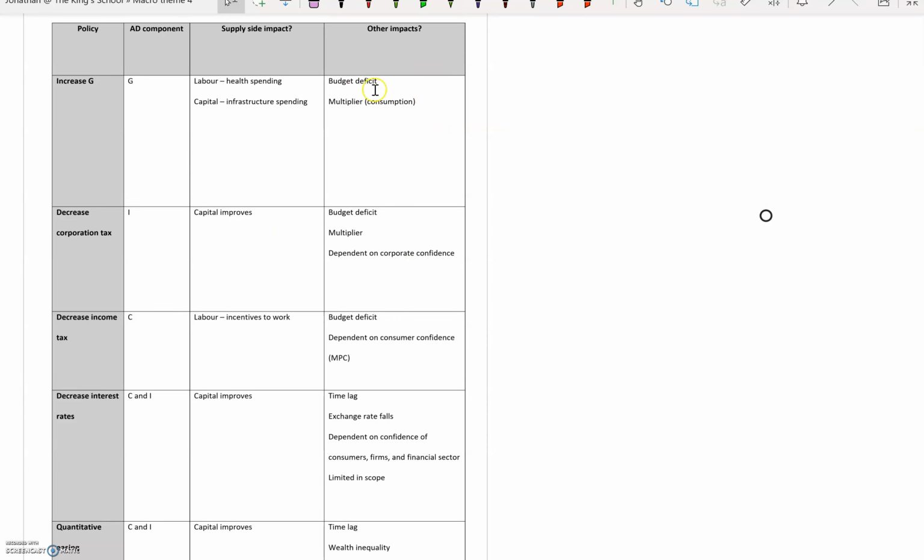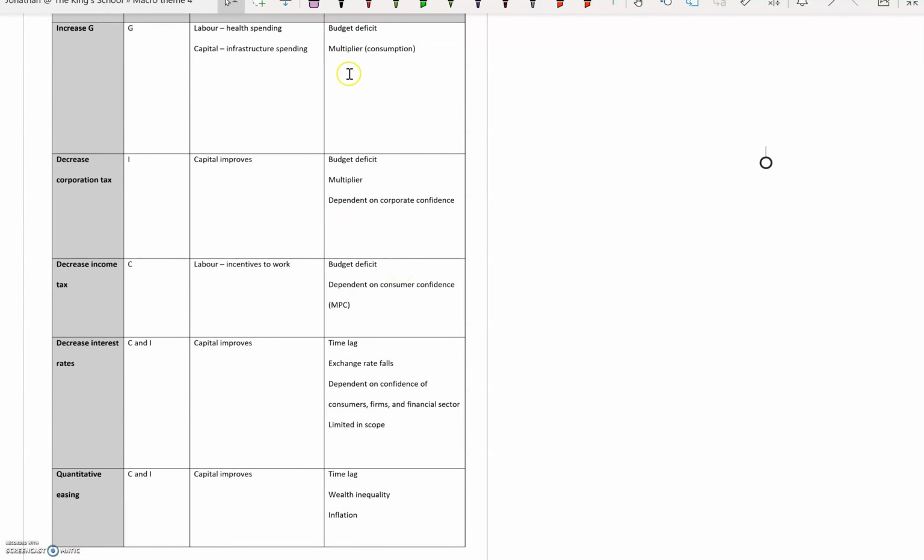Other impacts, well, you notice here straight away that all of the fiscal policies, when they're expansionary, as these all are, will result in issues with budget deficits, which is why we're limited in how much we can use them. I'm not going to talk about the multiplier today, so I'll just skip over that, but it is relevant. But also, of the other ones, the big limit is confidence.